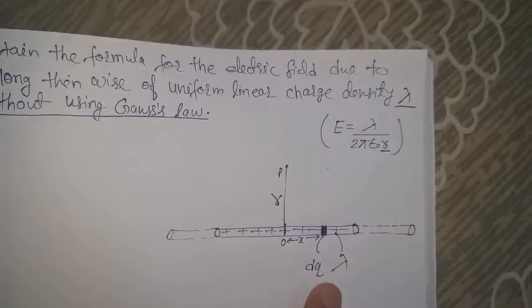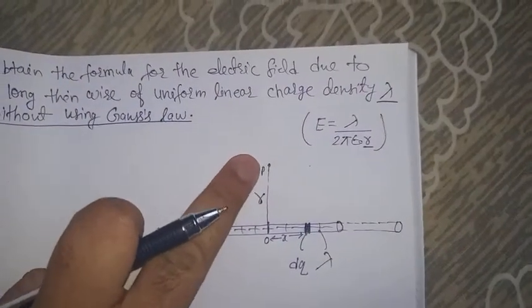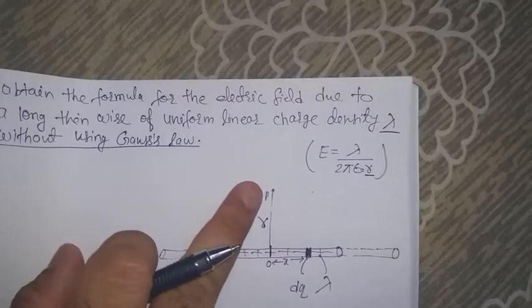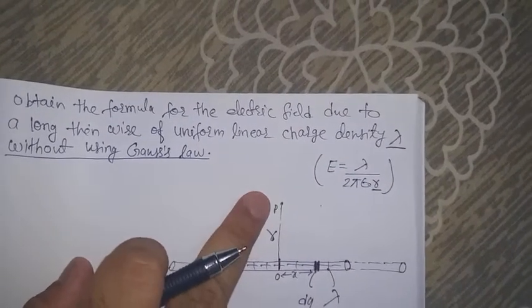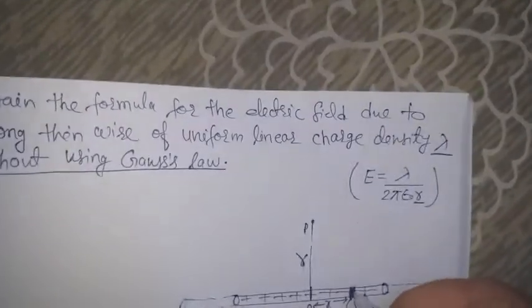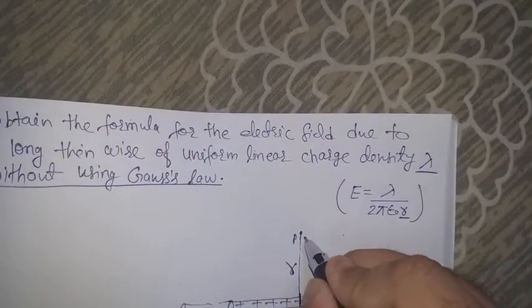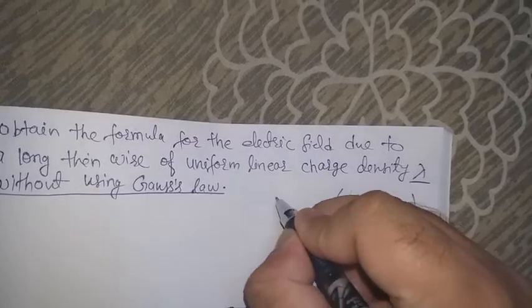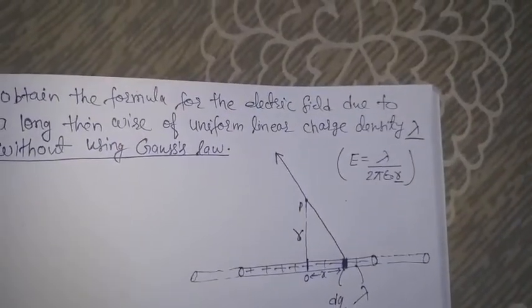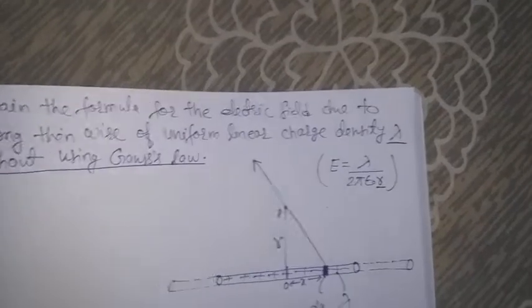At the point where we want to find the electric field, we will assume a test charge. If we assume a test charge here, it will repel, meaning the electric field is in this direction.